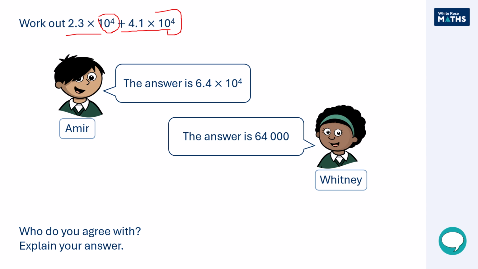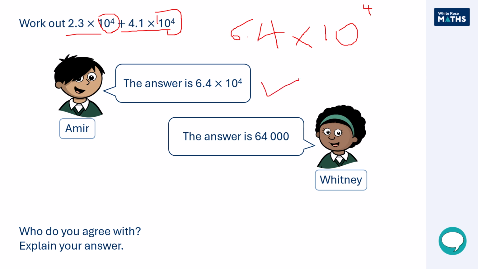Okay, so 2.3 plus 4.1 makes 6.4 times 10 to the power of 4. Okay, this works because our place values obviously lie in the same place. Okay, and I've got the same number of decimal places. That's why it actually works. Okay, so Aeneas is actually correct.